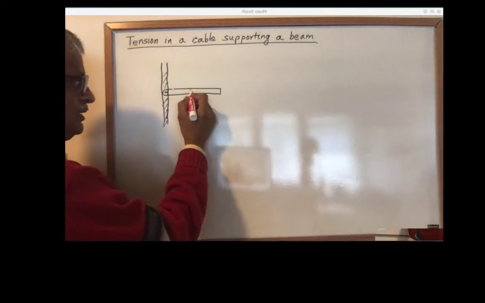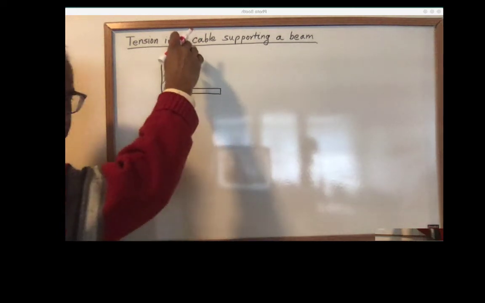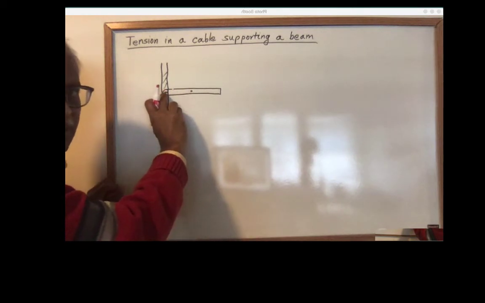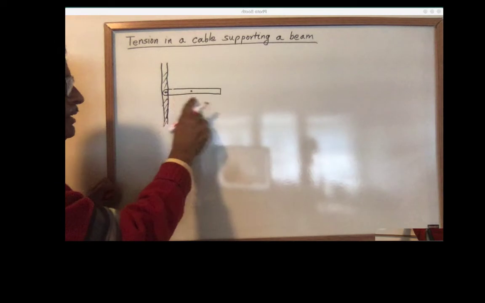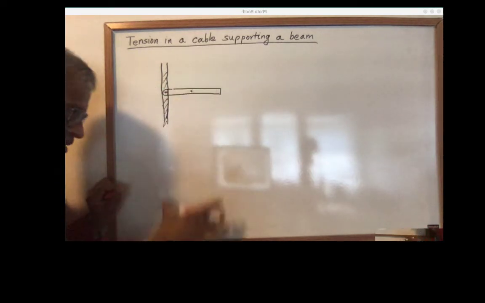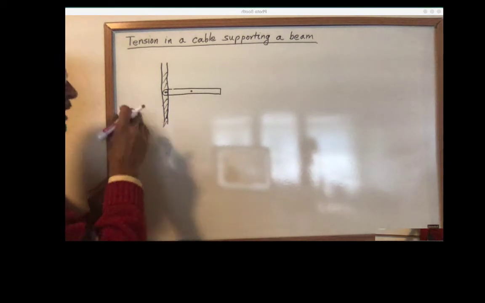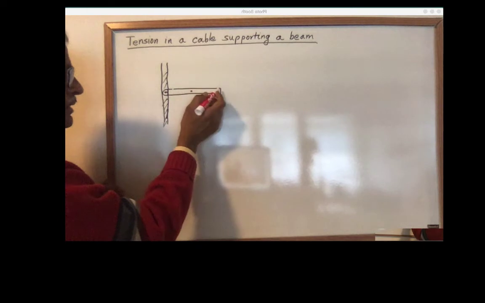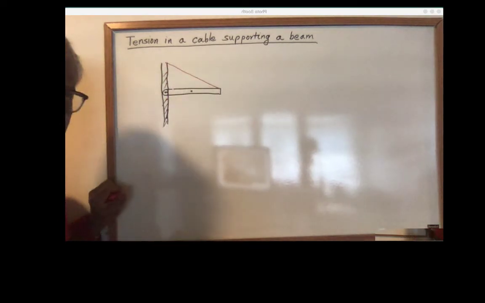So there's a center of this, that's where the weight is acting, and the weight will be balanced by some kind of normal force here, right? So it will not go down like this, but it will rotate as such, right? To balance this, there is a cable that's holding it.